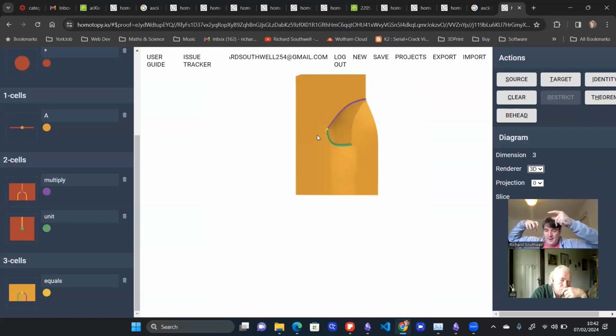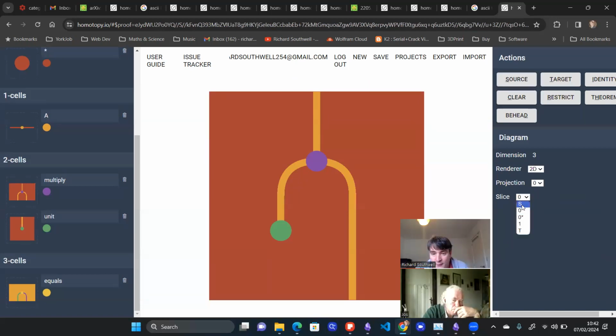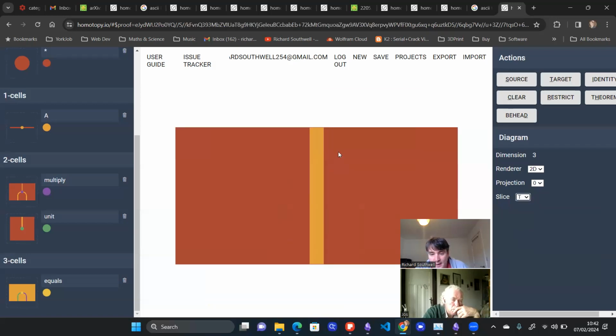So it's saying, okay, it's better actually if we go back to 2D, and then we can look at this thing slice by slice. So if we vary the slice, we start with source. This is what we start with. We start with the unit multiplied by A, and then we get A out. And that's our source slice. And then our target slice is the identity.